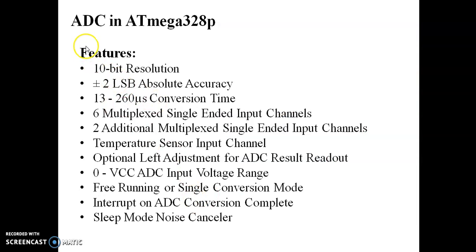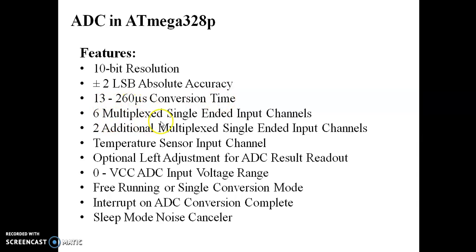Now these are the different features of ADC in Atmega 328P. ADC is 10-bit, it has 10-bit resolution from 0 to 1023. It has an absolute accuracy of about plus minus 2 LSB with a conversion time of 13 to 260 microseconds.